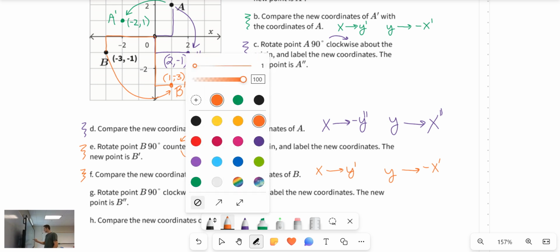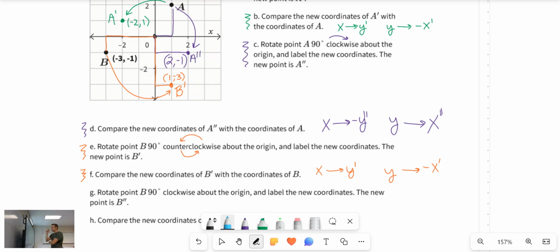And then finally, we need one more color. I think we'll do this light blue. Rotate point B 90 degrees clockwise about the origin and label the new coordinates. So let's do that. 90 degrees counterclockwise about the origin.